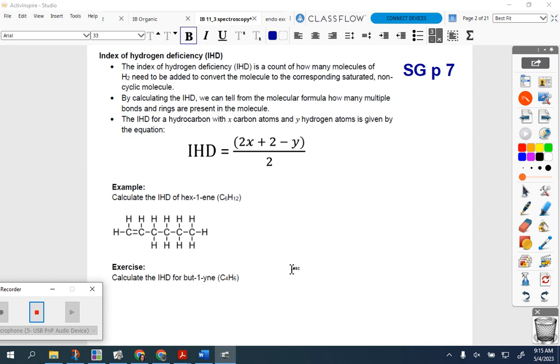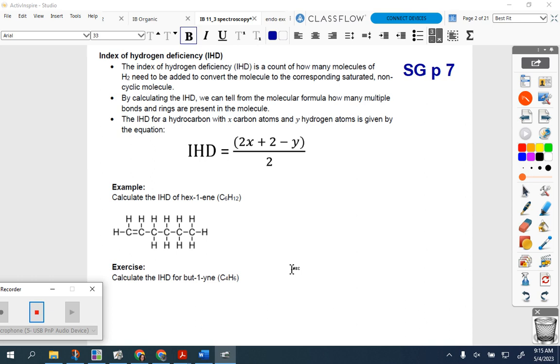What it tells you is how many hydrogen H2 molecules would be needed to add to that structure to make it completely saturated. So if you have a lot of double bonds, your index of hydrogen deficiency is going to be higher because it's going to take a lot of hydrogen molecules to saturate that.